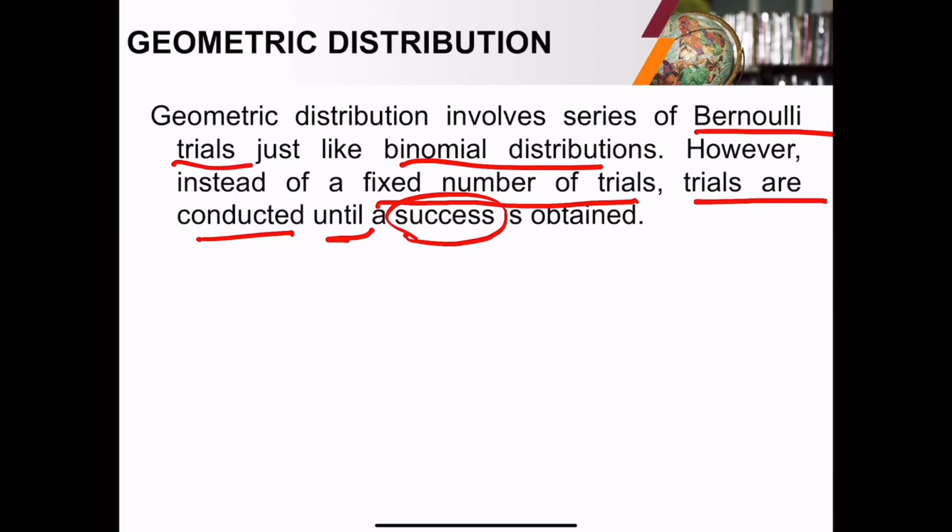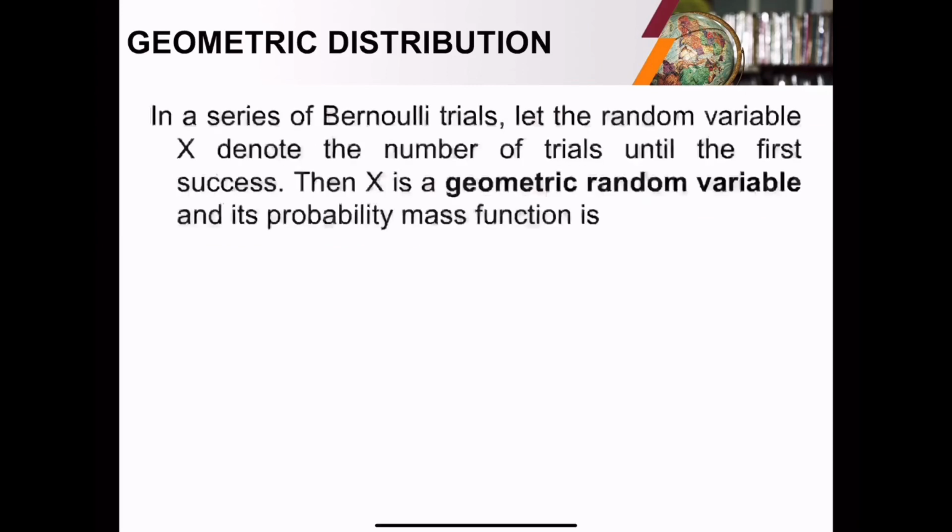Okay, so, in a series of Bernoulli trials, let the random variable x denote the number of trials until the first success. Okay. Sa binomial distribution, yung x natin doon, yung ating binomial random variable, yun yung number of successes occurring in the sample, occurring from the number of trials.